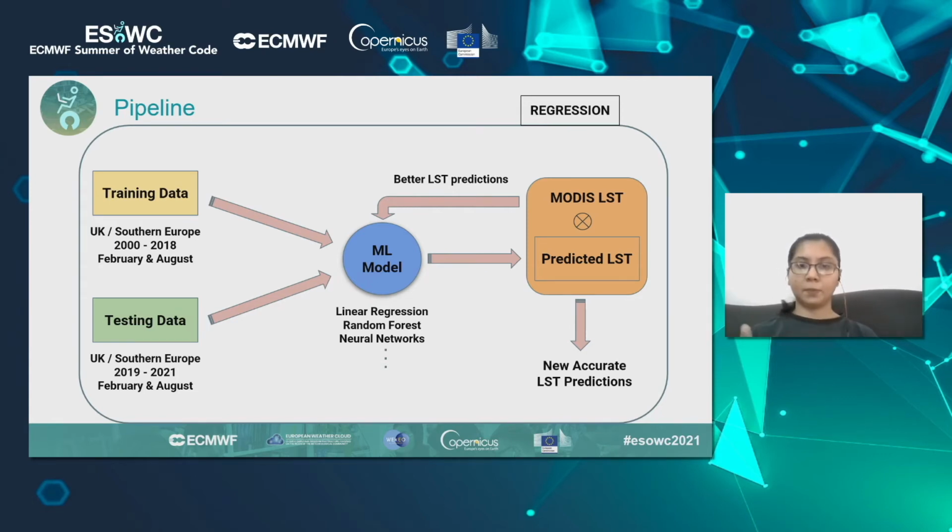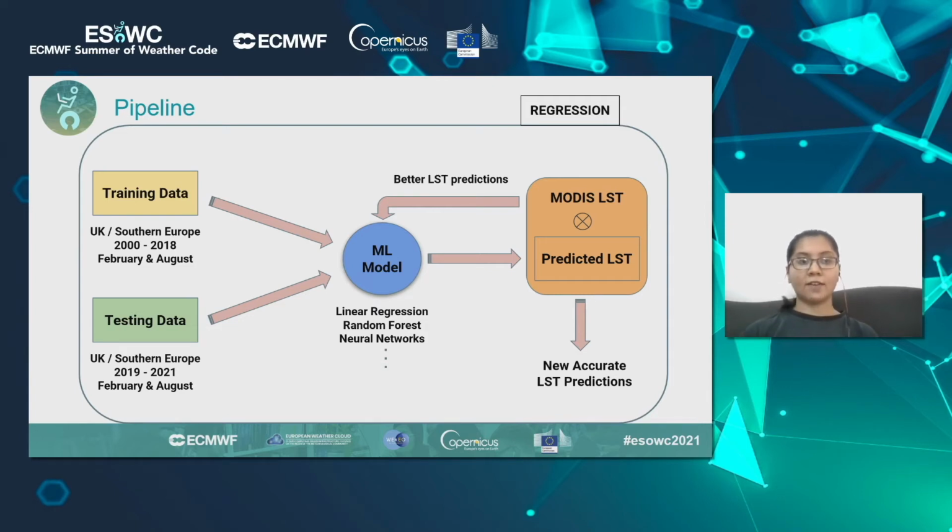The second part of the pipeline is the model, which varies based on the learning algorithm used. We experimented with several ML algorithms, including linear regression, random forest, neural networks, and so on. And the final part of the pipeline was the metrics. We used mean squared error, where we compare our predicted land surface temperature values to the LST values that we get from the NASA MODIS satellite.